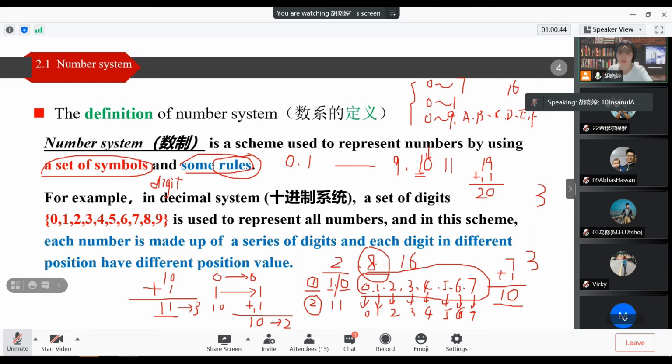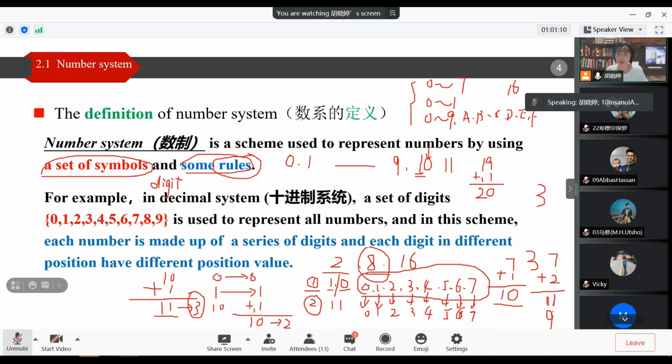So 9 will be 7 plus 2, which will be 1 1. Yes, you're right, 1 1. So 1 1 will represent 3 in the binary system, but 1 1 will represent 9 in the octal system.